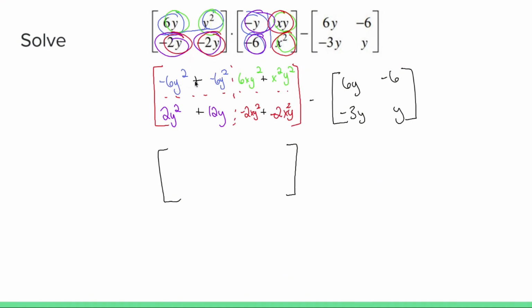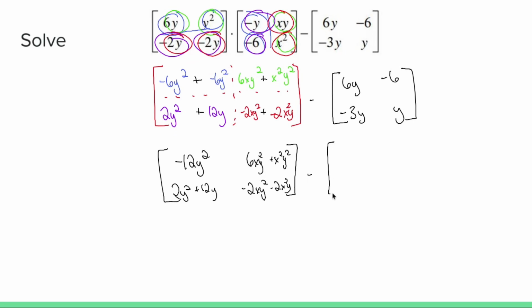Negative 6y squared plus negative 6y squared is negative 12y squared. 6xy squared plus x squared y squared doesn't combine, so this ends up being 6xy squared plus x squared y squared. These guys don't combine, so 2y squared plus 12y. And these guys don't combine, so negative 2xy squared minus 2x squared y.